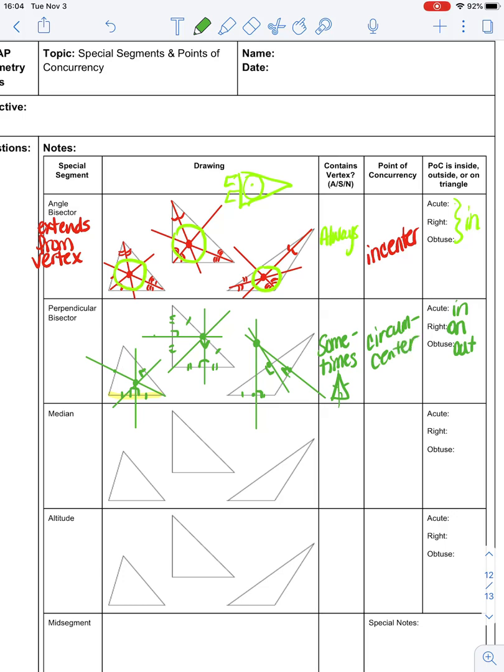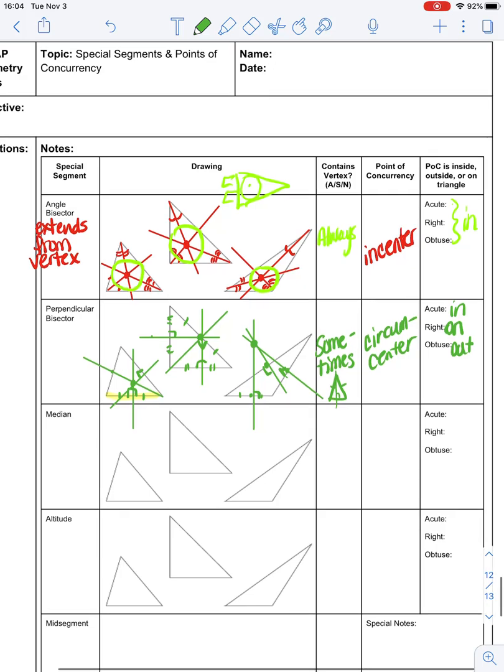Okay, so circum means around the outside, center. What's interesting about that is that it gives us the center of the biggest circle that can be drawn around the triangle.